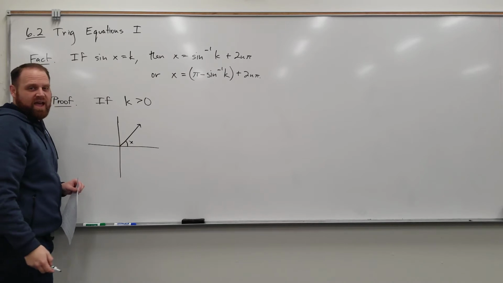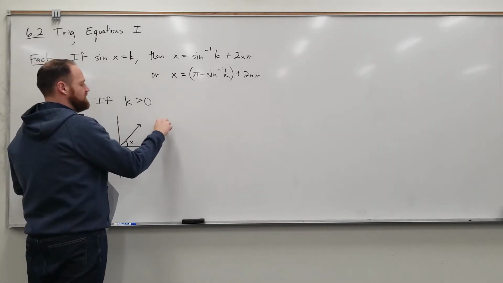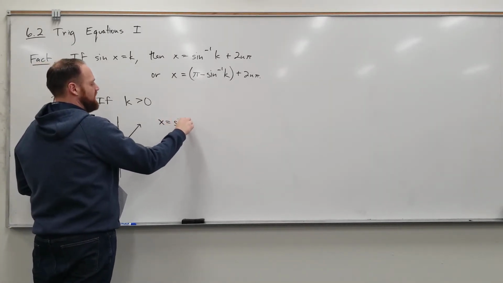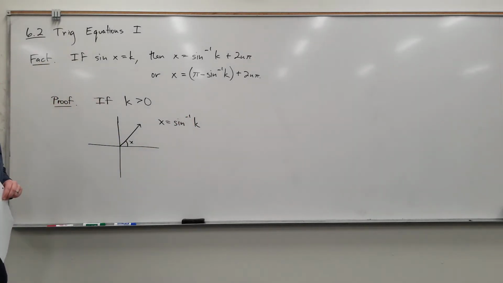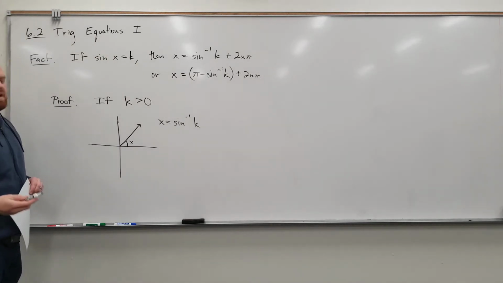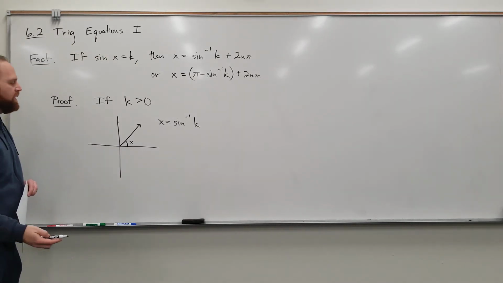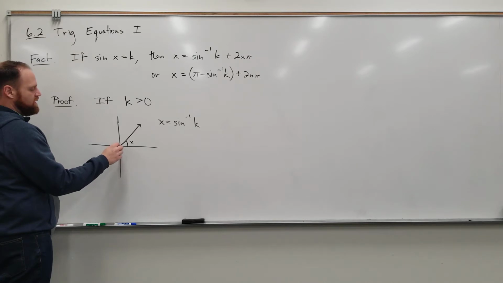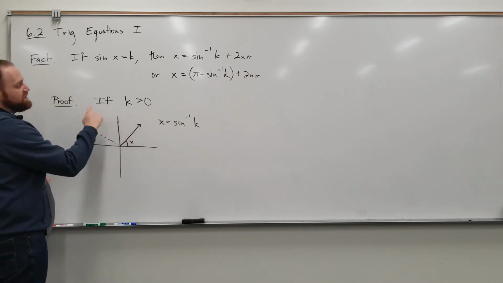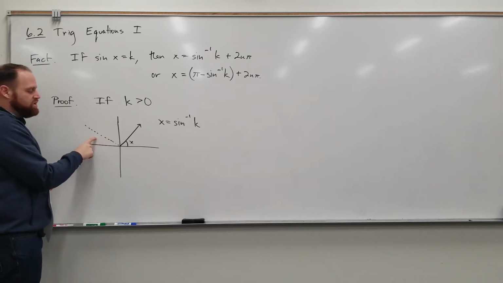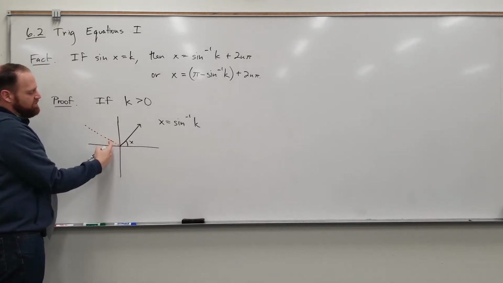So x would be that angle right there, and in this case, x would be sine inverse of k. But notice that there should be another solution here in quadrant 2, because sine is also positive here in quadrant 2. This solution should be pi minus sine inverse k.